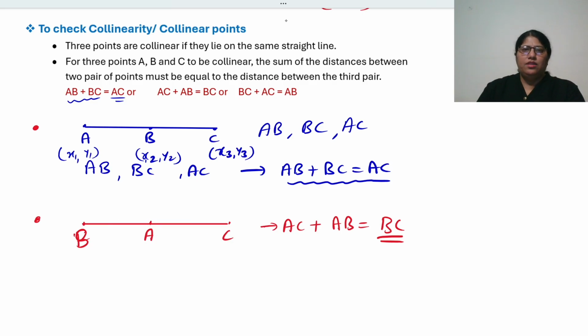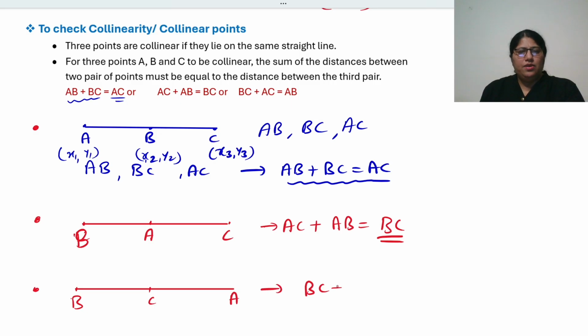Similarly, you can have the third case where C is in the middle. So you need to check all three lengths. If this is point C, this is B, and this is A, then from here you can say that if BC plus AC is equal to AB, these 3 points are collinear.